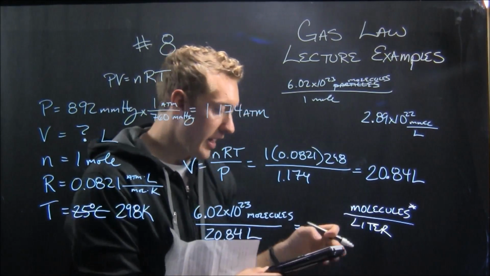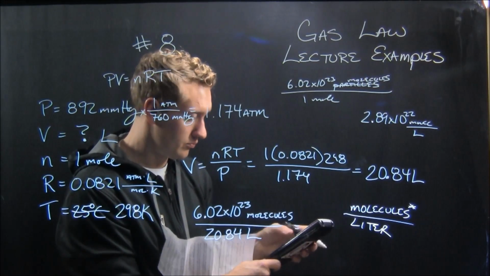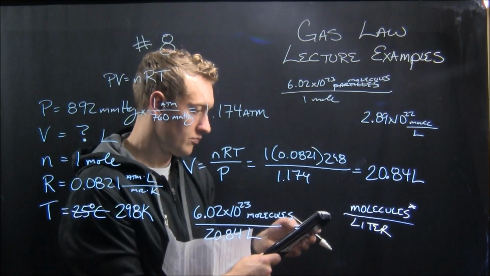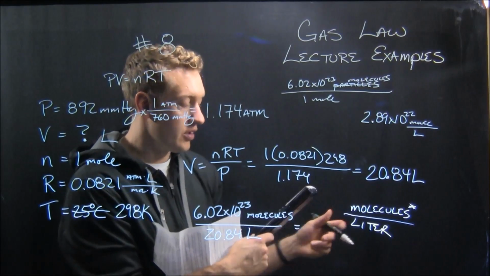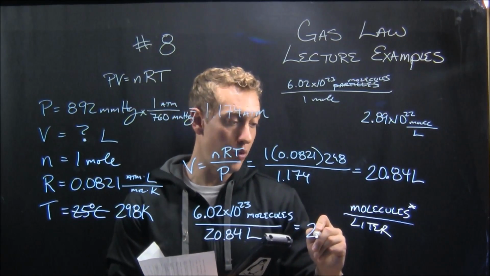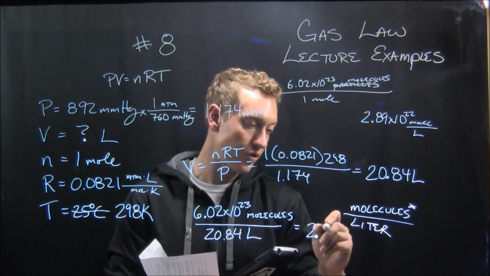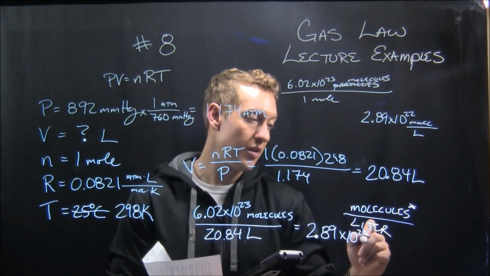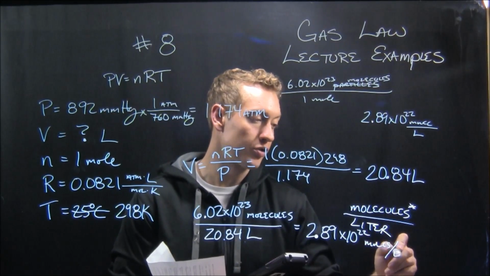And when you divide that up, you get 2.888, so 2.89 times 10 to the 22nd molecules per liter.